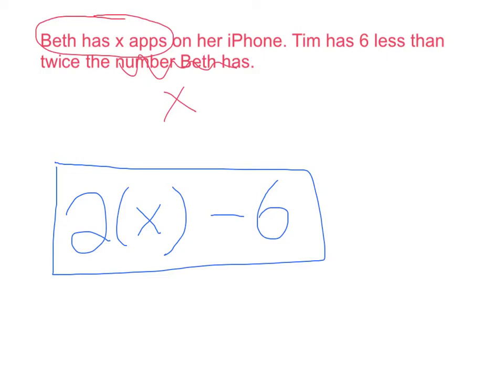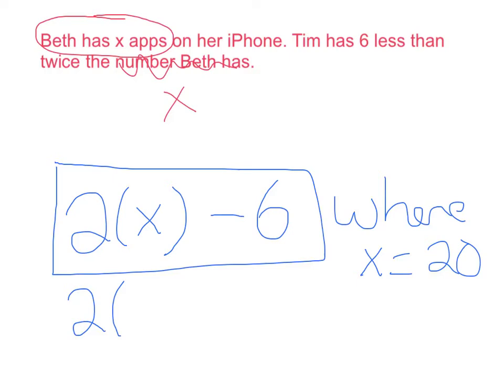So let's say, for example, Beth had 20 apps on her phone. So we want to evaluate this expression where x equals 20. So we're going to plug 20 in for x. So we've got 2 times 20 minus 6.